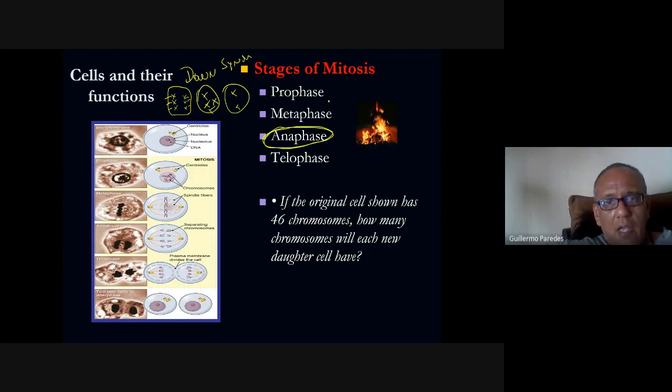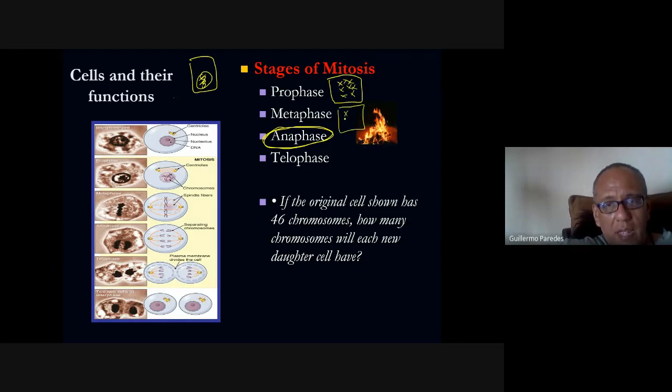Just to make a summary, what happens in the prophase? In the prophase, this is the normal cell with the DNA. It says, "Oh, I need to multiply." The nucleus membrane disappears, and the DNA is cut into pieces, into chromosomes. Then in the metaphase, the chromosomes are aligned on the equatorial line.